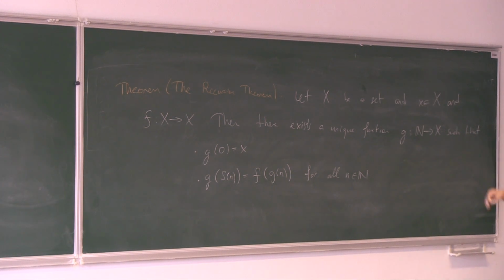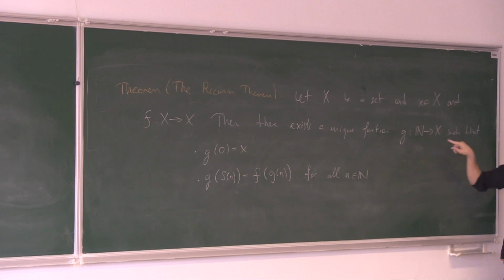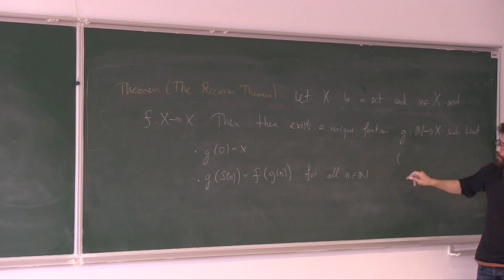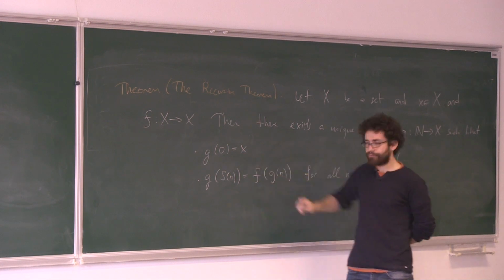Now, what is this? What is this? Say something. This is a set, which is a function from natural numbers to X. So this is a sequence, right? So this theorem, whatever it does, tells me the existence of a certain sequence. Which sequence? Let's try to understand this sequence. The first element of the sequence is x.